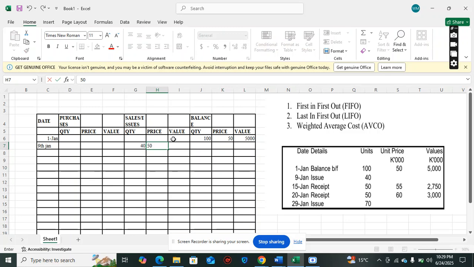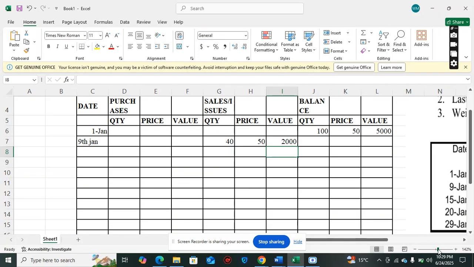So to get the total value, we say 40 times 50, which is 2,000.